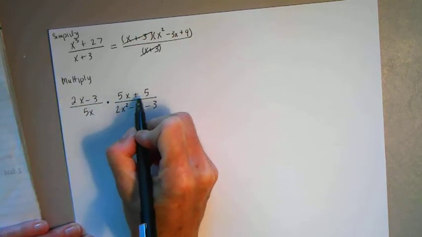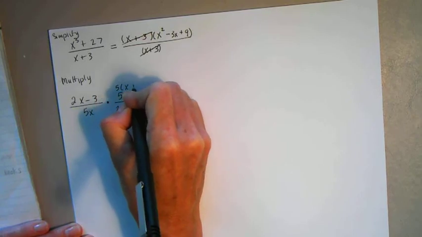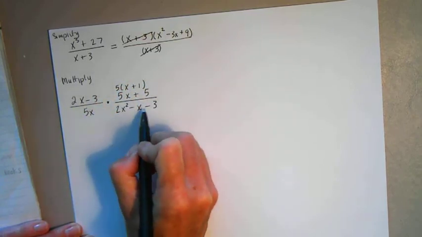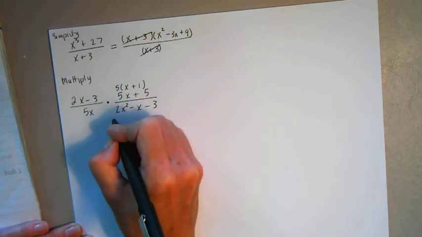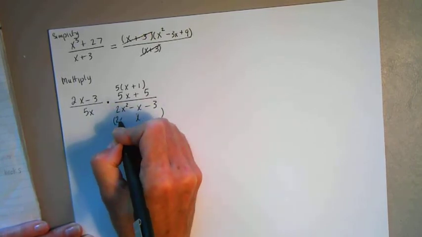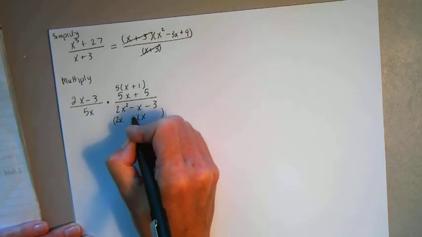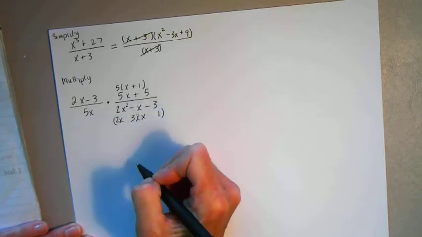So I can see that I have a common factor right here. So I'm going to pull that 5 out, which gives me x plus 1. And I have a trinomial here, so I will factor it into two binomials. And the only thing that will be 2x squared is 2x times x. And the only thing that will be 3 is 3 and 1. Just make sure you put them in the right places.